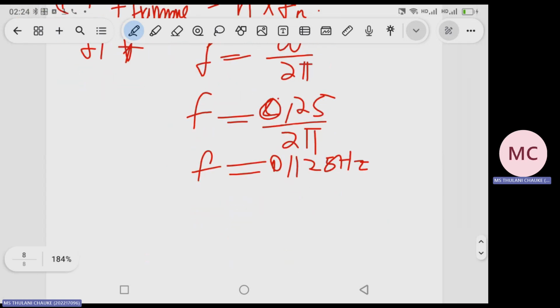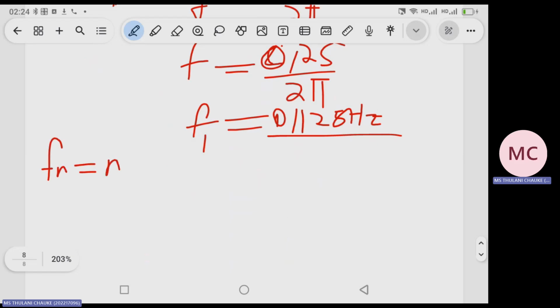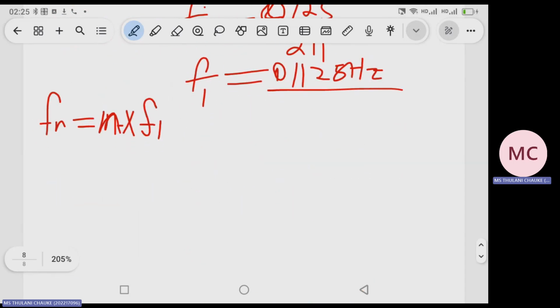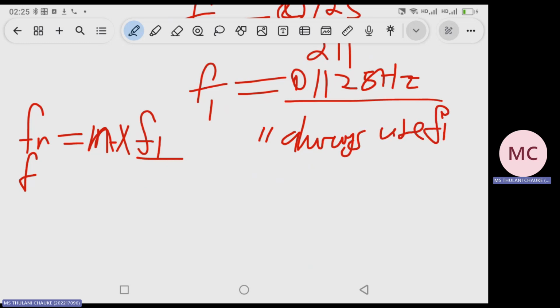So this is our F1, right? And then since we know that frequency in the harmonic series is given by N multiplied by the first frequency, here it's F1, H1. Because we always use F1 to get the next values. So for F1, N will be 1.